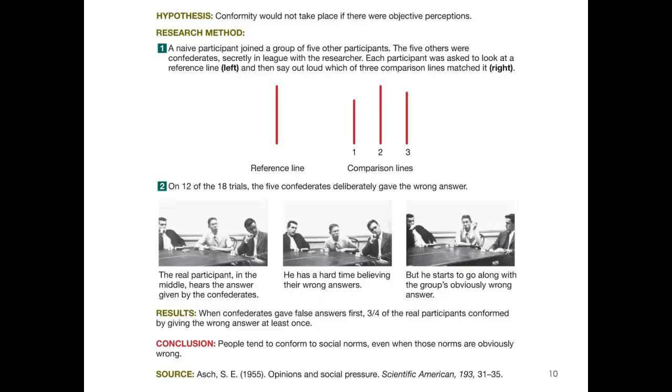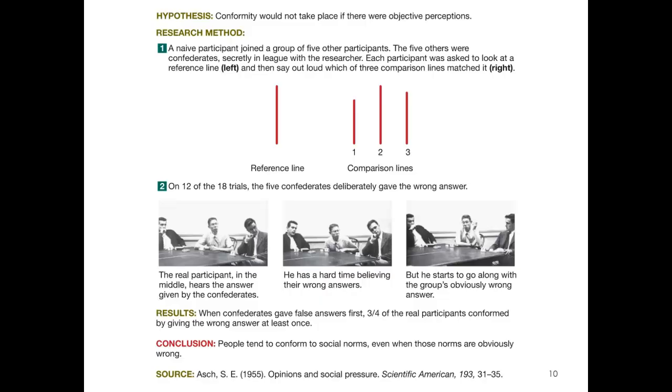Trying to combat informational influence and normative influence is very difficult for us. As humans, we are wired to conform, and that's not a bad thing. We tend to think of conforming as a bad thing. It's actually not. It's helped our species survive and reproduce. And most of the time, conforming isn't a big deal.